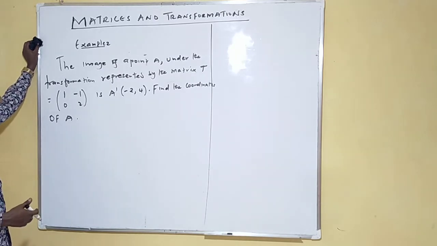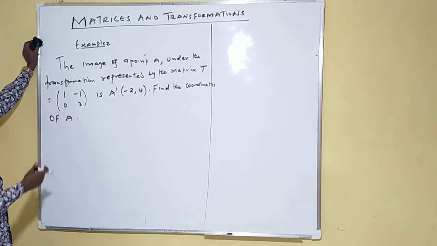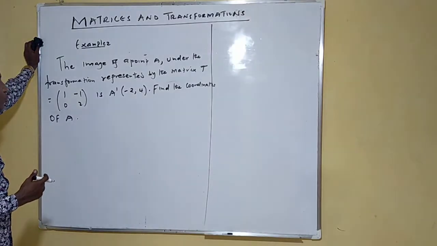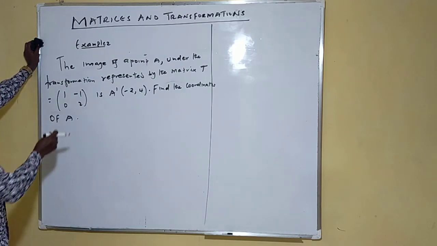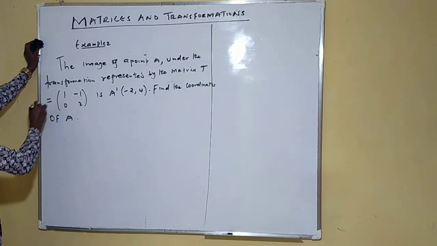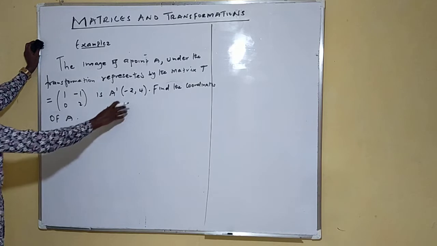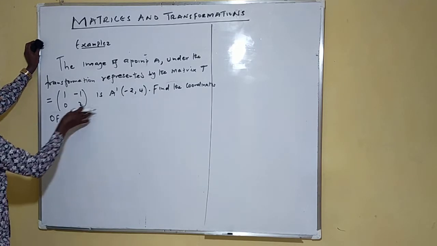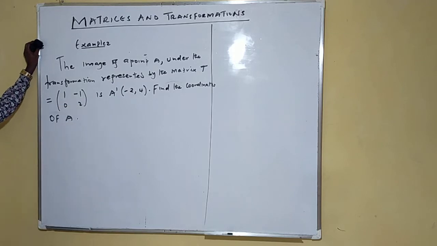That's what's under question. So when you read this question, you're told the image of a point A under the transformation represented by the matrix T, which is this one, and A prime, negative 2, 4. That means you have the image point and the matrix. So you are expected to get the object point.